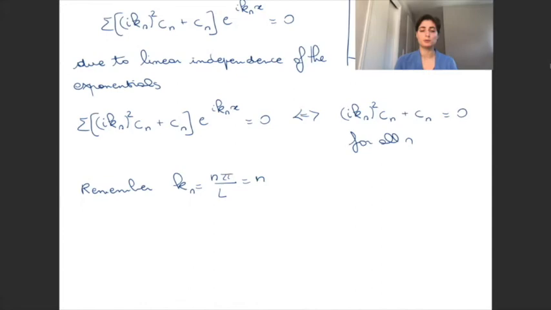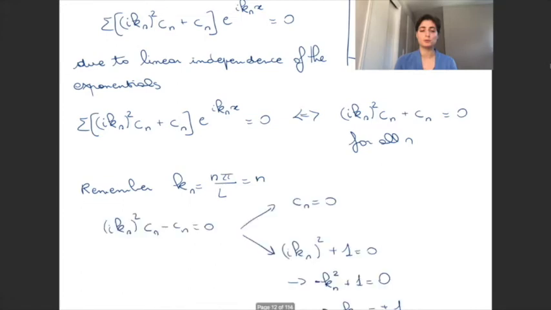So we can replace kn, we actually know it explicitly, it is n times pi divided by L. In this case, L is equal to pi, so this simplifies. kn is actually equal to n. So we retrieve that (i kn) squared Cn plus Cn is equal to 0 if either we have Cn equal to 0 or (i kn) squared plus 1 equals 0.